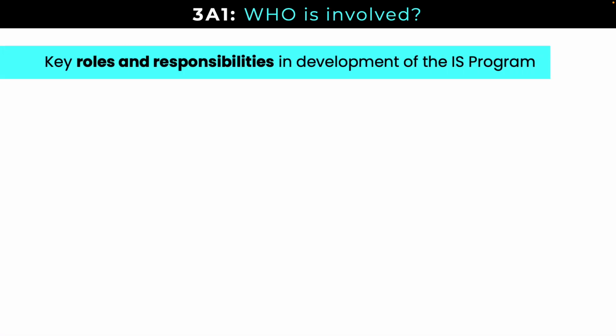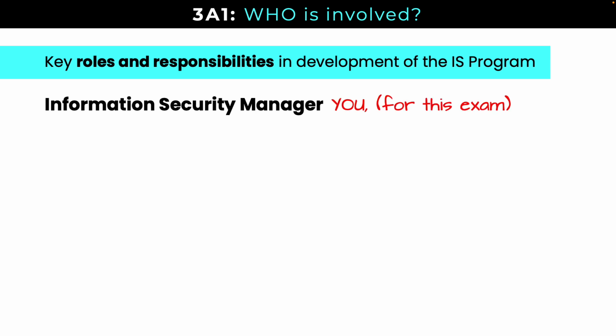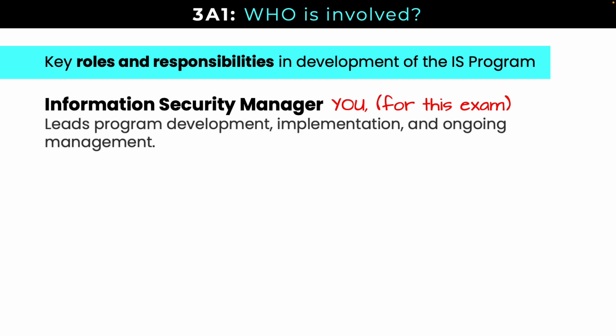So who is involved? Let's talk about key roles and responsibilities in development of the information security program. The one that's most meaningful to you is the information security manager, which is effectively your role. That's you for purposes of this exam. The information security manager leads program development, implementation, and ongoing management.